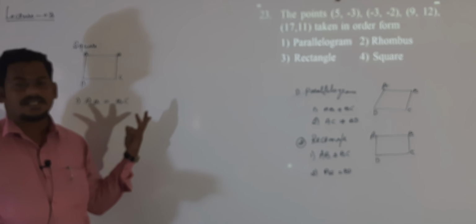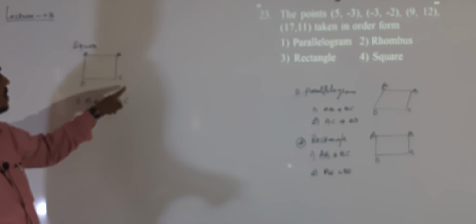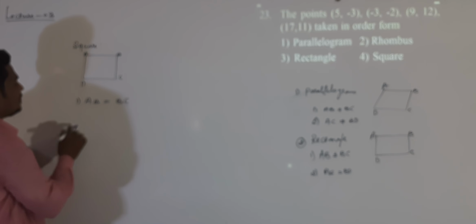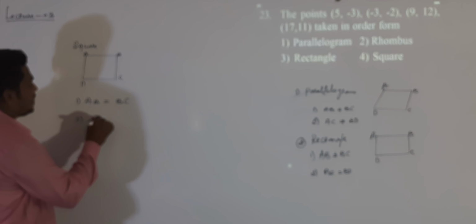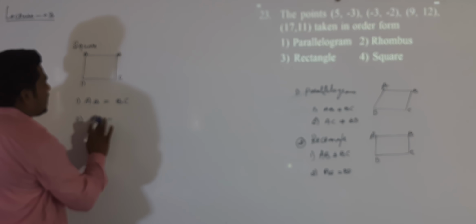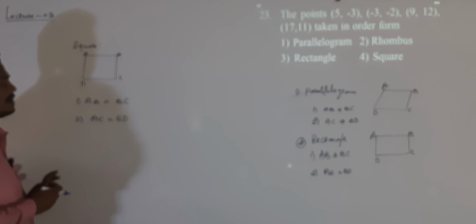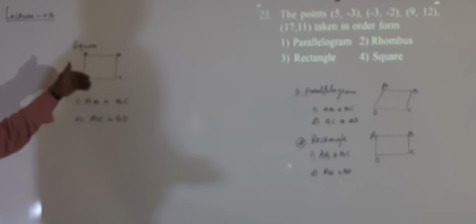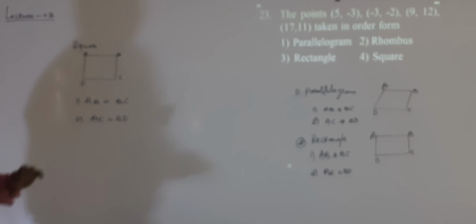Just check adjacent sides, AB equal to BC, and diagonals are also equal. Second condition, AC diagonal is same as BD diagonal. Adjacent sides equal, diagonals equal, then you conclude the given quadrilateral is a square.